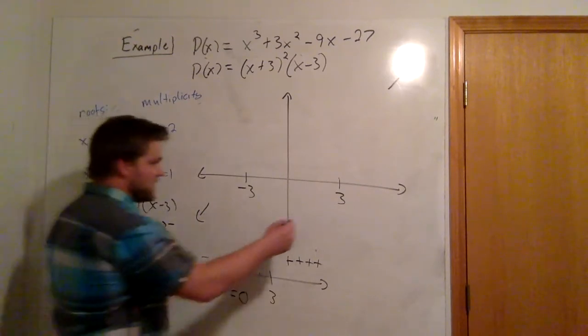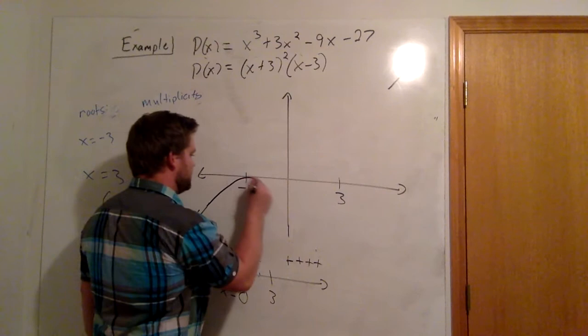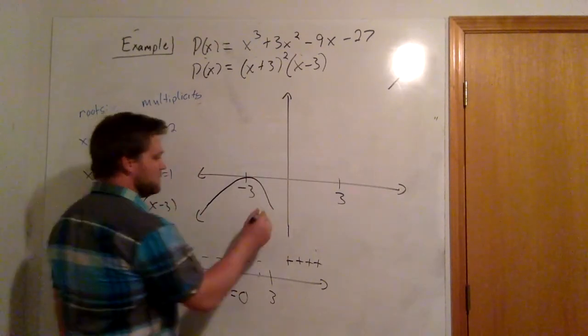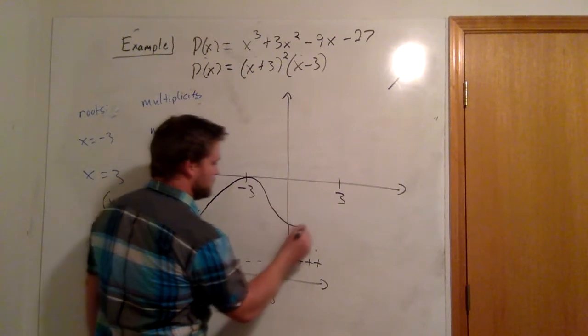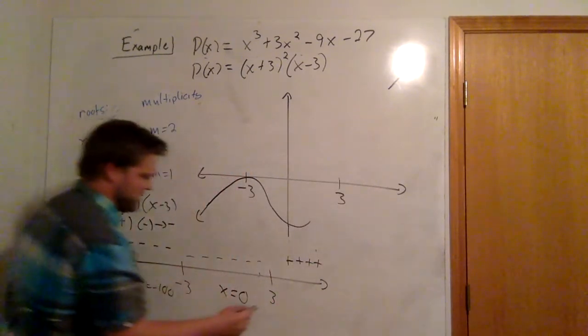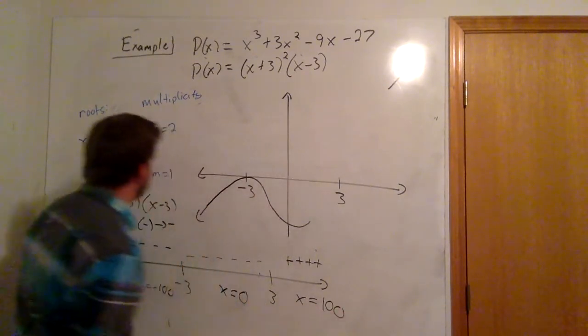And then we know it's going to have to cross through here to match up. So what's the graph going to do? It's going to come up here. It's going to cross here. Okay. So I know it has to cross through here. It's the only option. But let's just check it. Let's plug in a value bigger than 3. I don't know, 100.